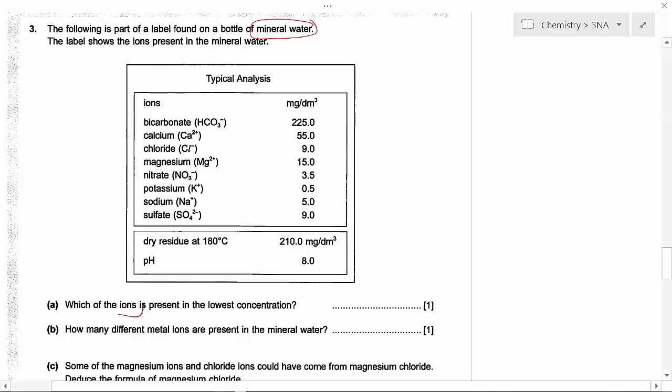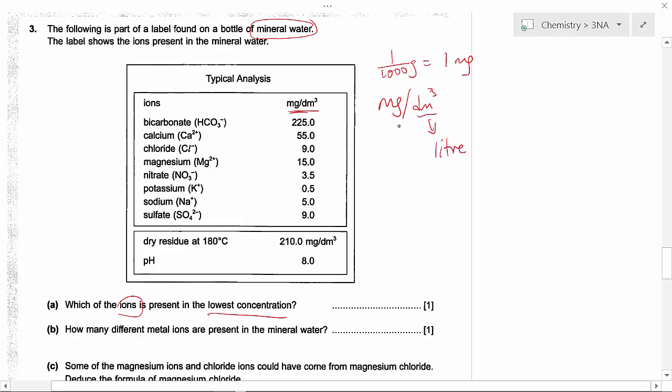So which ion is present in the lowest concentration? So you look through milligram per dm cube. That means milli means 1 over 1,000. Okay, it's milligram. So it's a very tiny amount per dm cube. Now 1 dm cube is equal to 1,000 cm cube. So dm cube is exactly 1 liter.